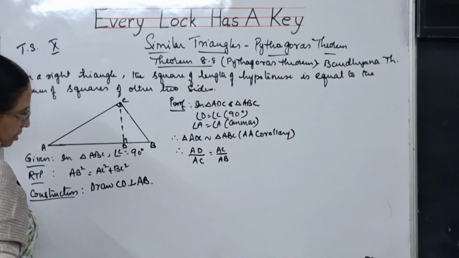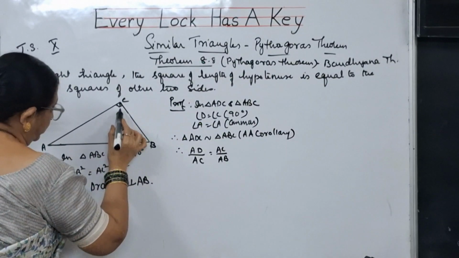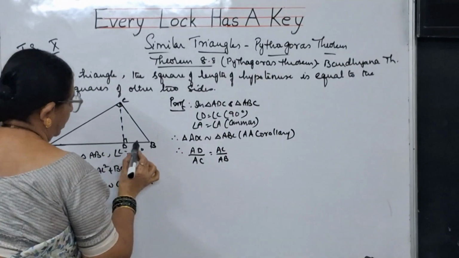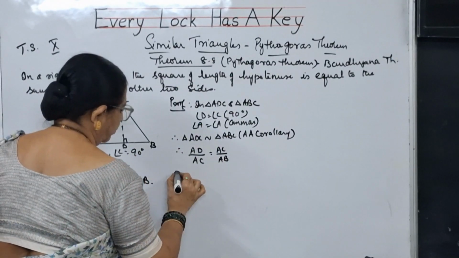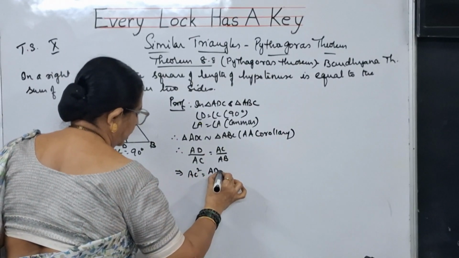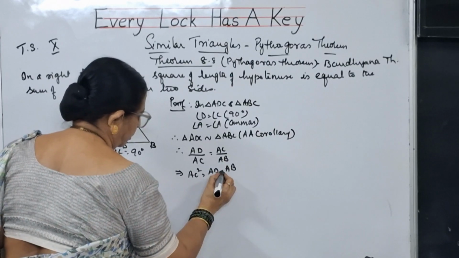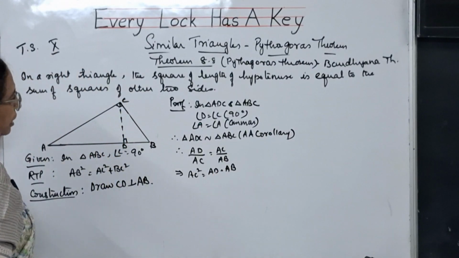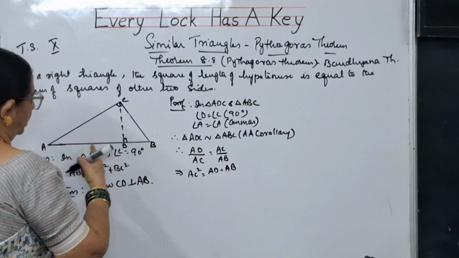Here, AC is the hypotenuse of the small triangle, AB is the hypotenuse of the big triangle. So that means what does this imply? AC square is equal to AD into AB. So this is about triangle ADC.